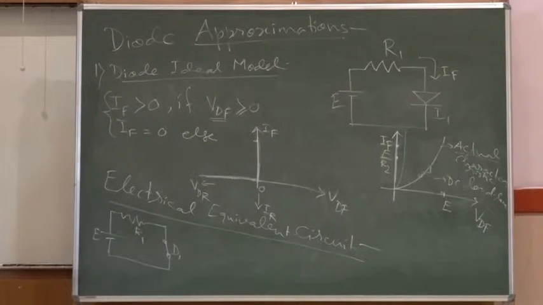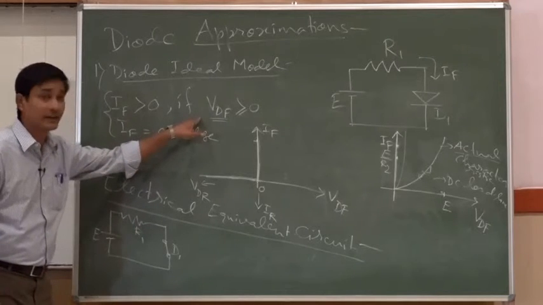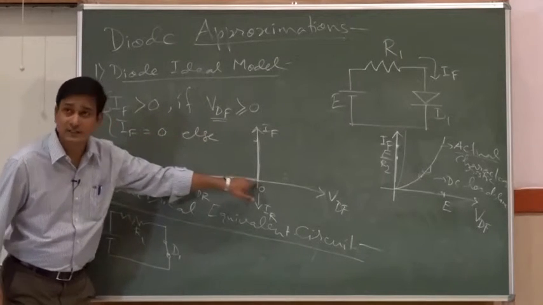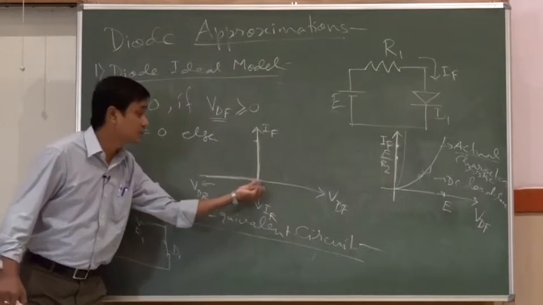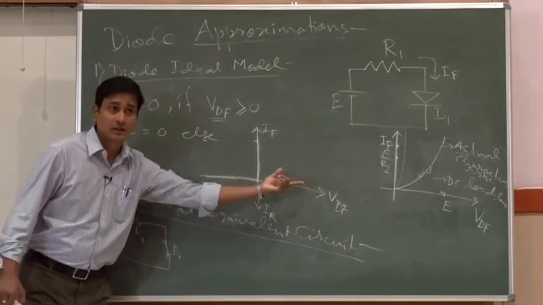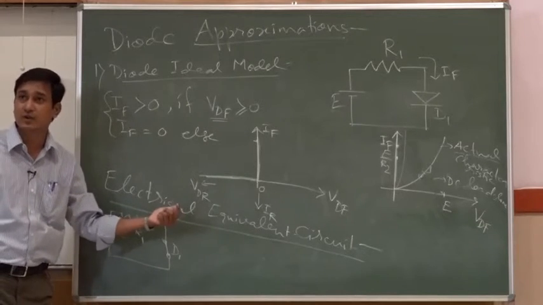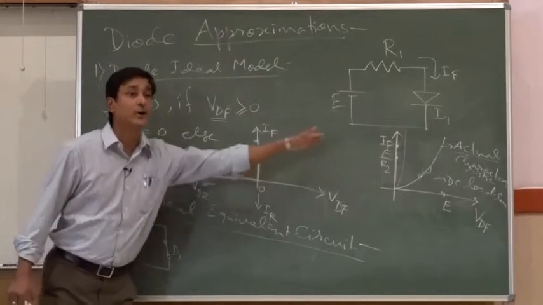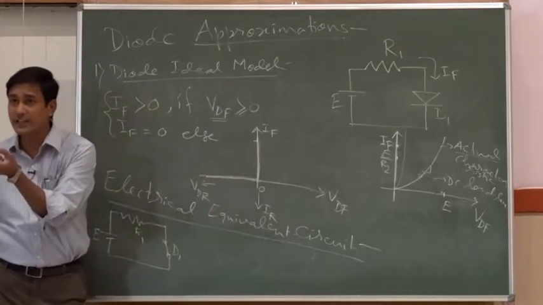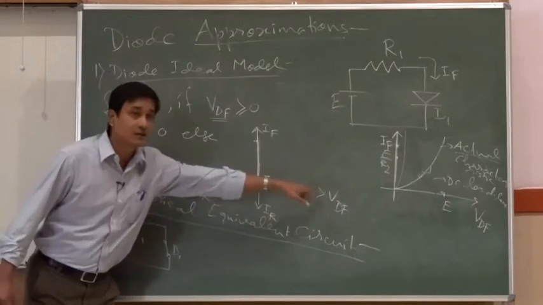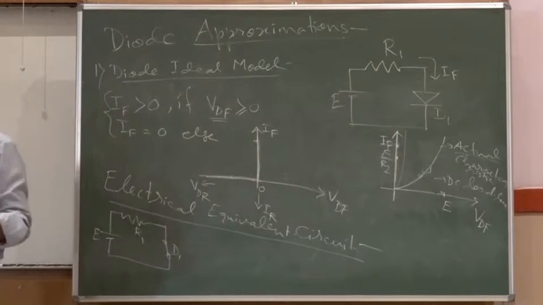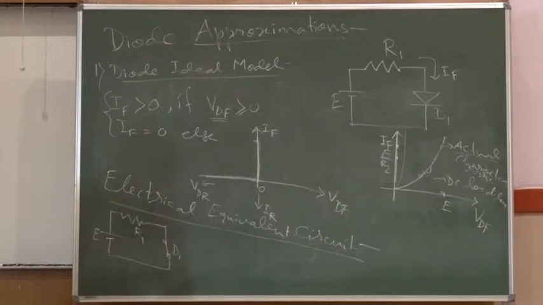Why is it so? Because I am saying here that if it is just touching 0, then current will go very high. So, what is the voltage drop across the diode? It is 0. It is meaningless to talk about the voltages which are beyond 0. The small incremental value will change the current like anything. So, as if the voltage drop across the diode is 0, we are considering. What does it mean? It means purely a short circuit.